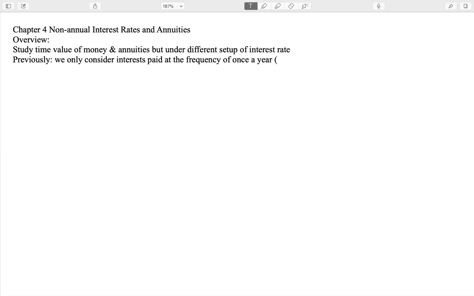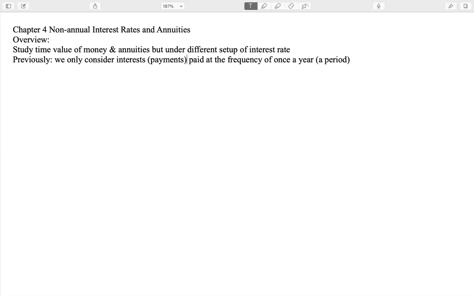Here, a year you can think of as a period. So for all the studies in the previous videos, we either specifically say or implicitly assume interest or payments are made or paid once a year.